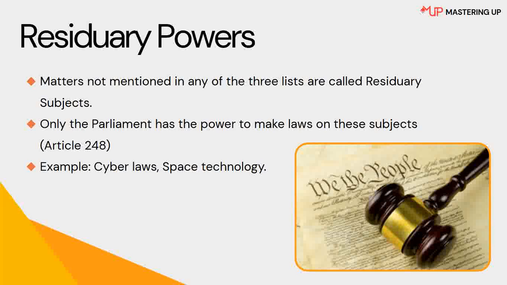These include emerging and modern issues like cybersecurity, space exploration, and digital currencies, subjects that weren't envisioned when the Constitution was drafted. These provisions ensure that the center can respond quickly to new and evolving challenges that affect the entire nation.